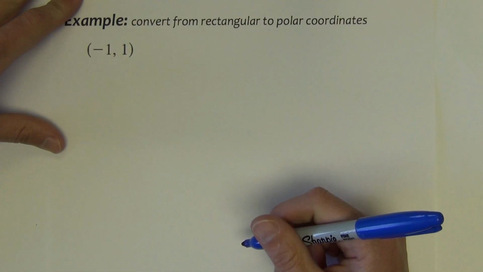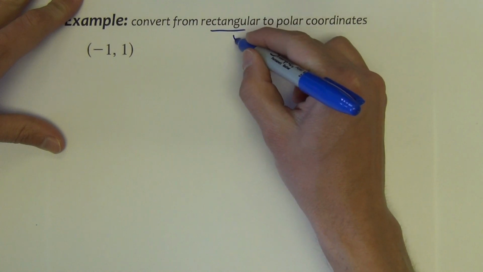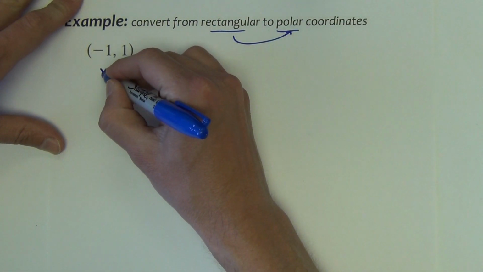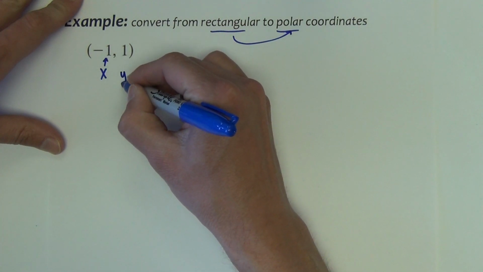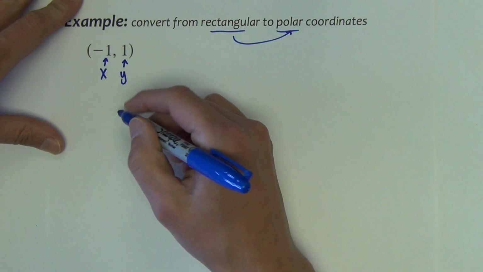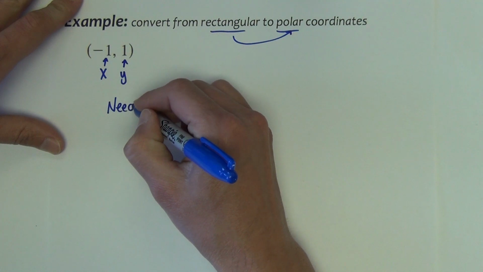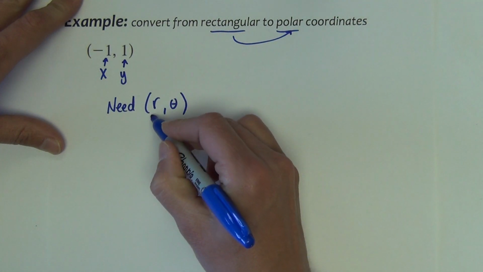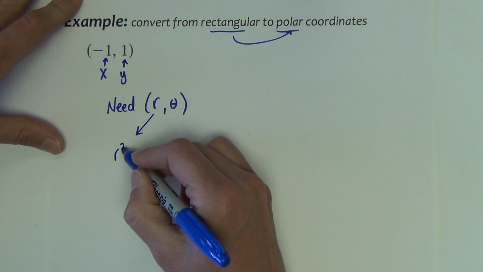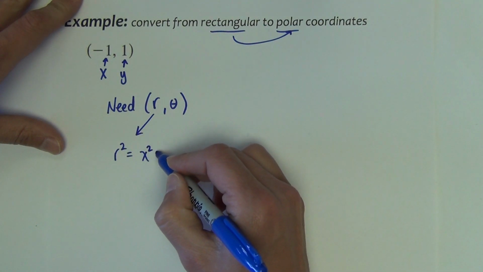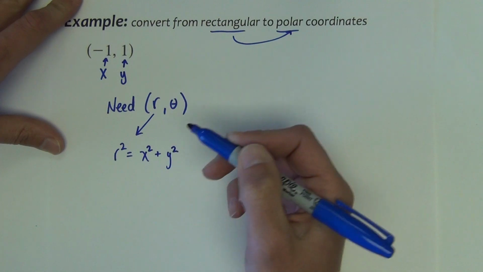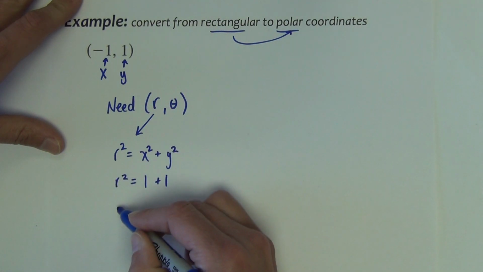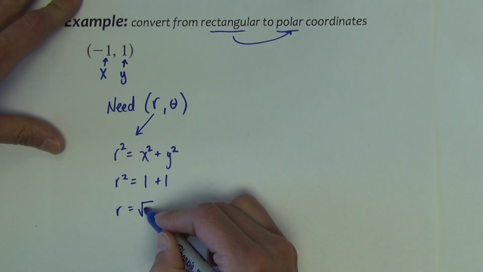Okay, another example, this time going from rectangular to polar coordinates. So what we have is an x, y point, and what we need to find is an r, theta. The r value comes from the equation r squared equals x squared plus y squared. It essentially comes from the Pythagorean theorem. So that's going to be 1 plus 1, or r equals the square root of 2.